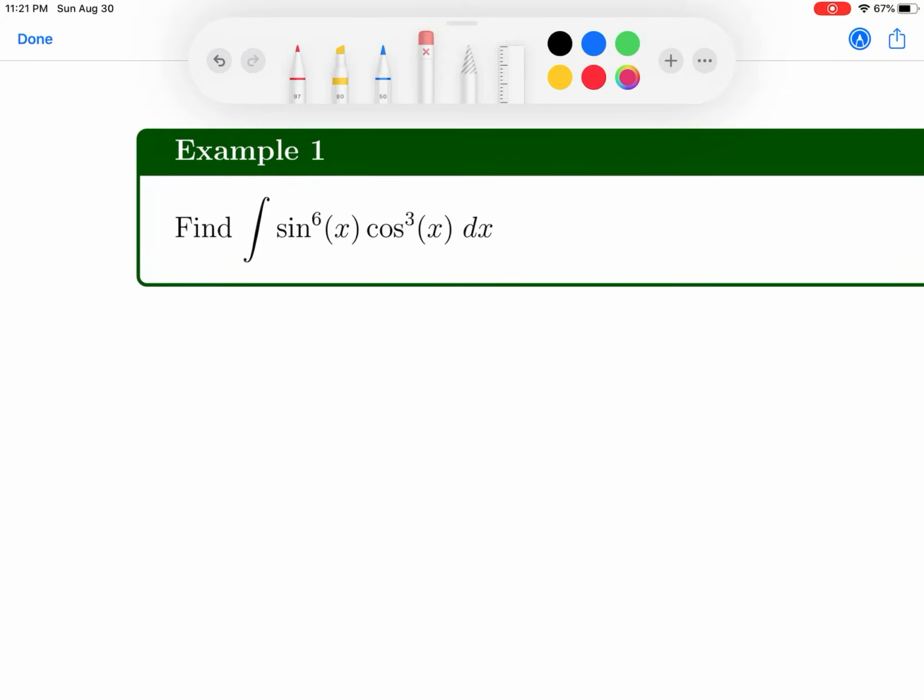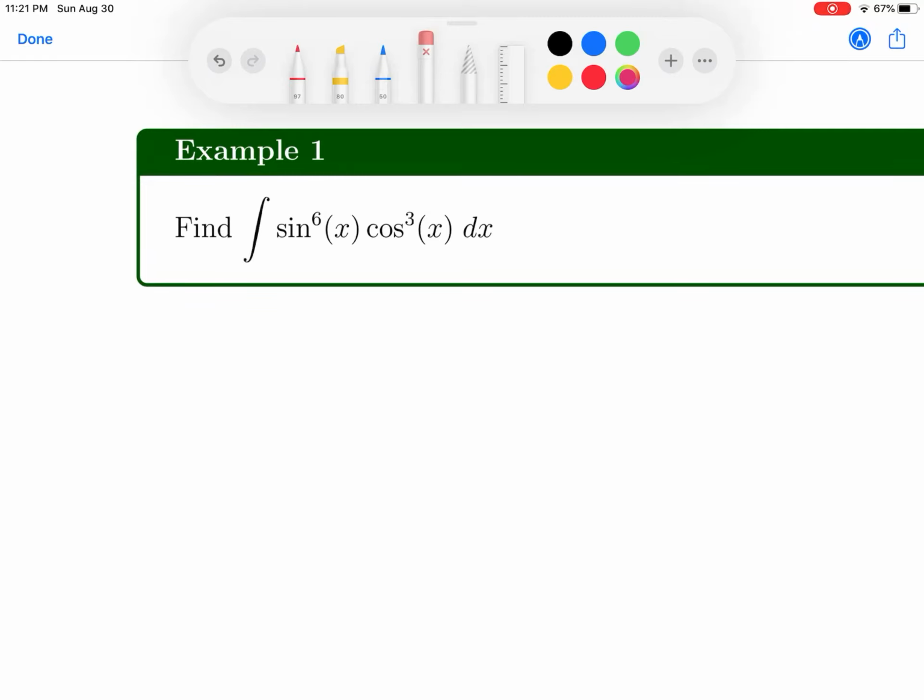So we have the integral of sine to the 6th times cosine to the 3rd x dx. What can we do? Well, we could probably do u-sub. We could try it, see how it goes. What I'm probably going to do in this case, though, before I do a u-sub, is just take a look at what I have.